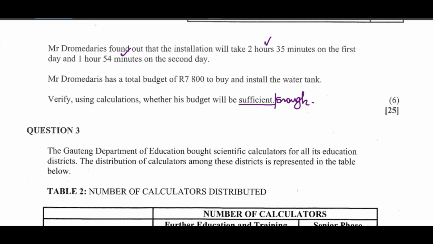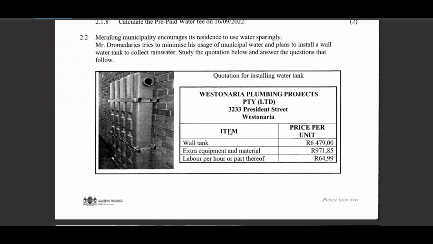Let's analyze this. Go back to the information. The information says he has to buy a tank, and the tank is at 6,479. Extra equipment and material stands at 971.85, and labor per hour or part thereof. Part thereof simply means that if someone works for 1 hour and 15 minutes, this will be considered 2 hours.